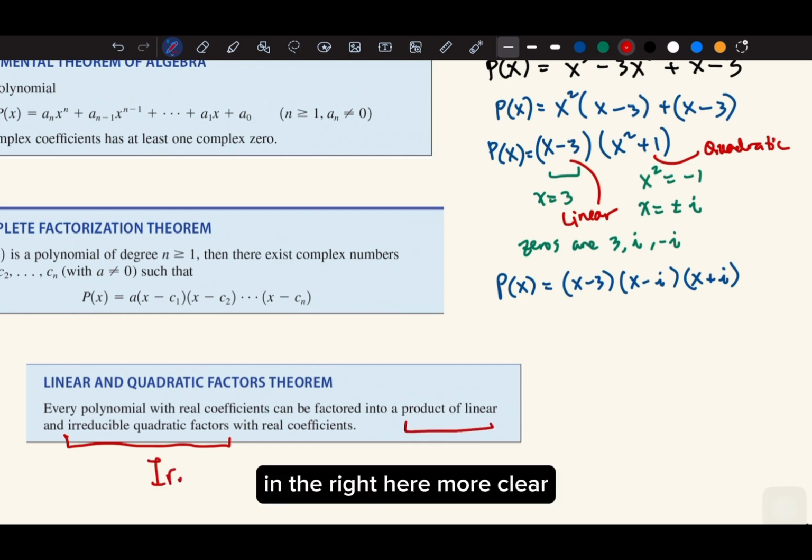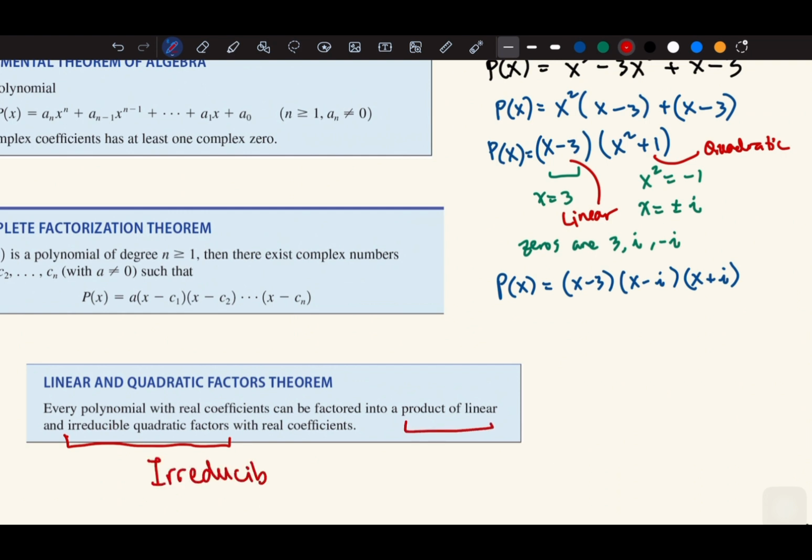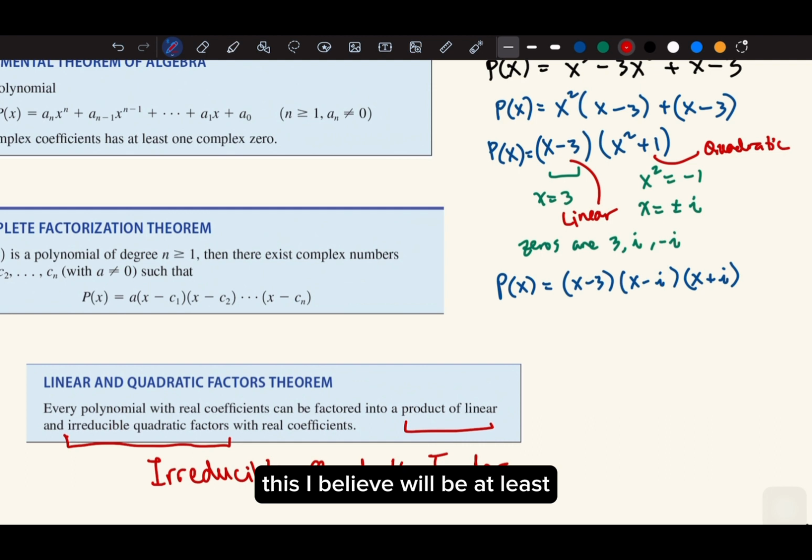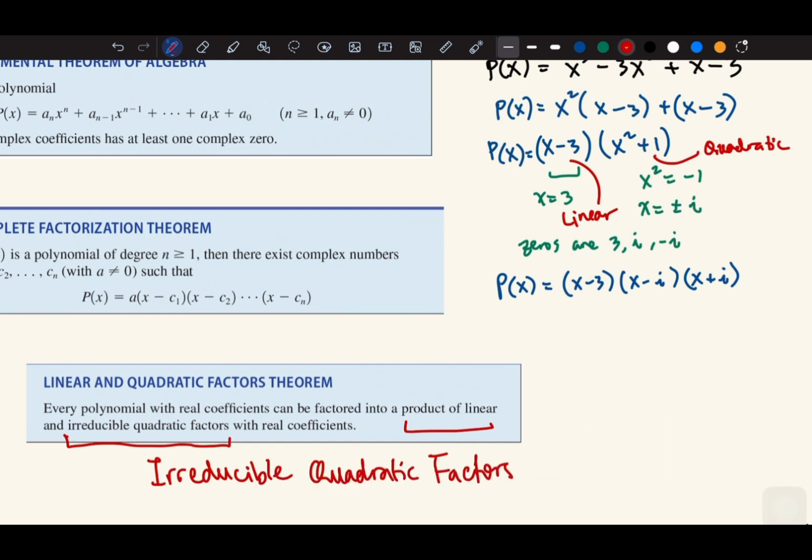Let me write here more clearly. This, I believe, will be at least in the second half of calculus 1.